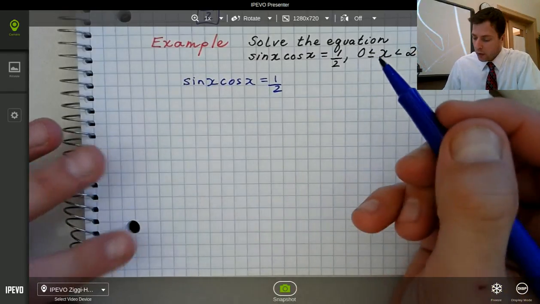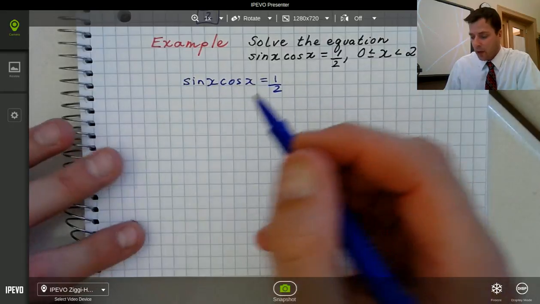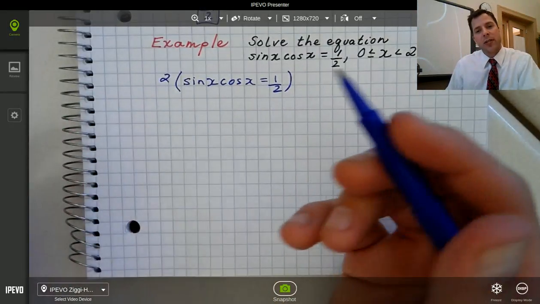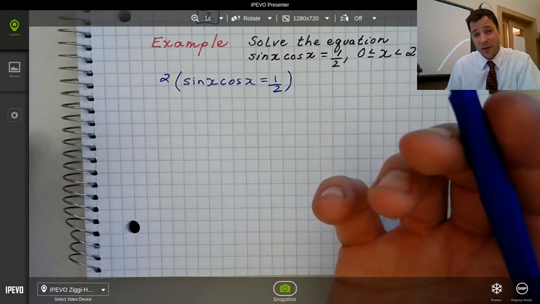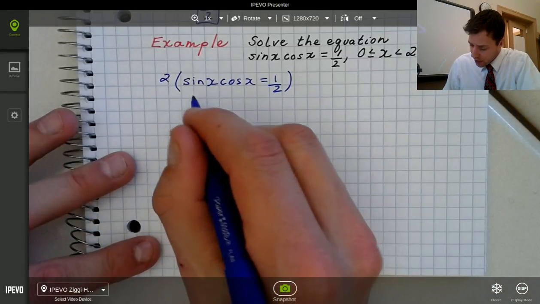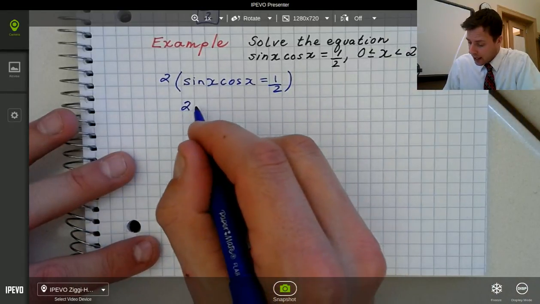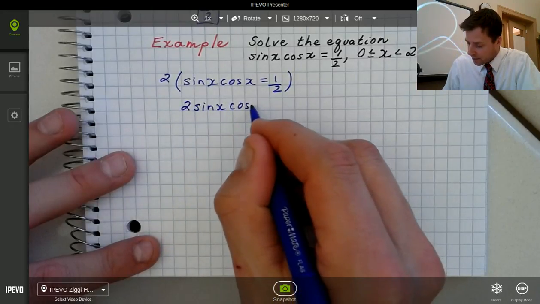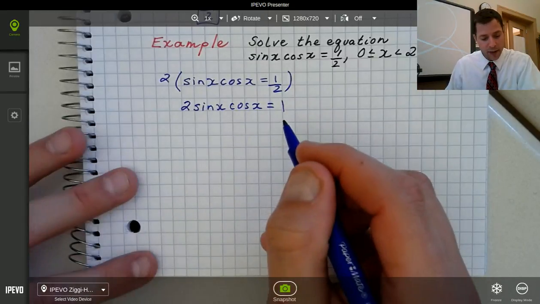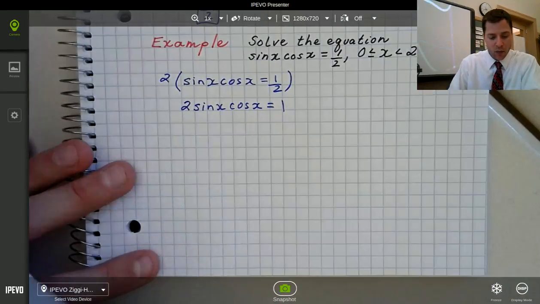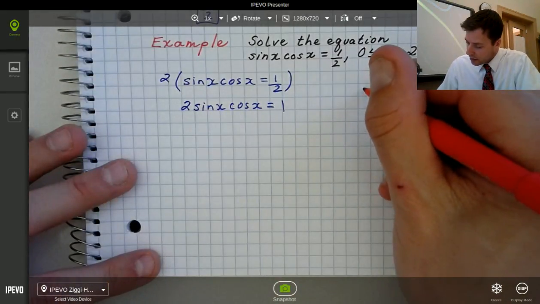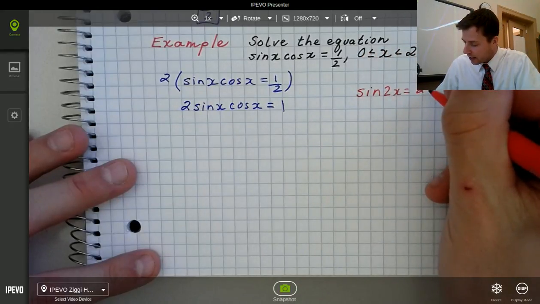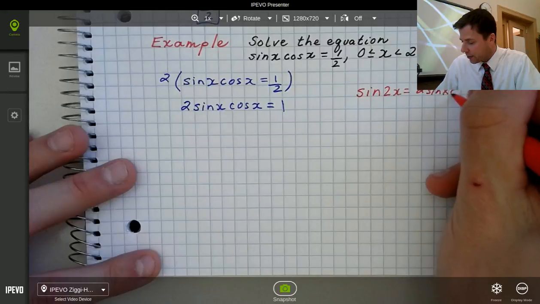Okay, so what we're going to go ahead and do is multiply this whole thing by 2. Sometimes with these properties, it's not easy to see what you're going to do. I'm going to multiply by 2 because when I do that, I get 2 times sine of x times cosine of x equals 1. And then what we know is that sine of 2x equals 2 sine x cosine of x.